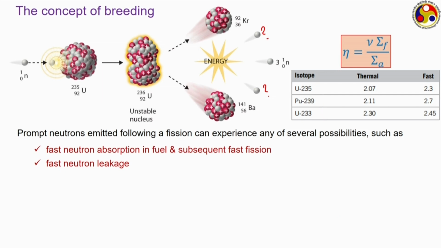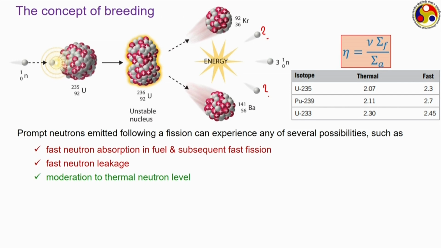Then we can have fast neutrons leaking out of the core as well. Leakage or diffusion of neutrons is a very natural process. Of course, we can control that by controlling the diffusion lengths, something we have analyzed earlier, but still we can't make leakage absolute zero. Some leakage will always be there. These are the 2 possibilities that fast neutrons can have.